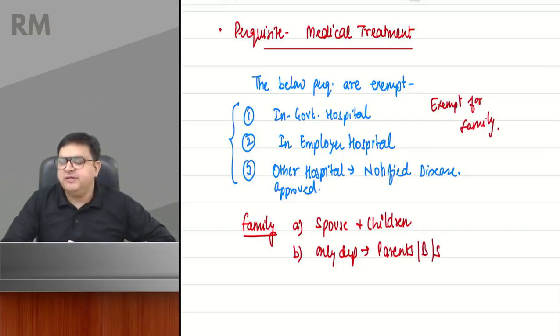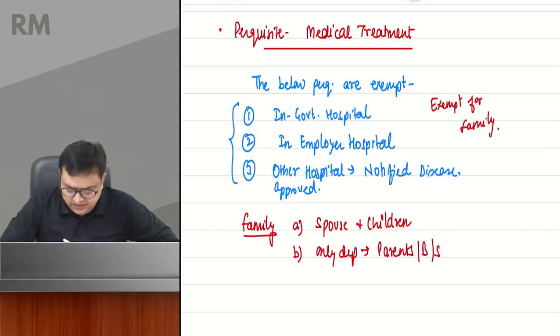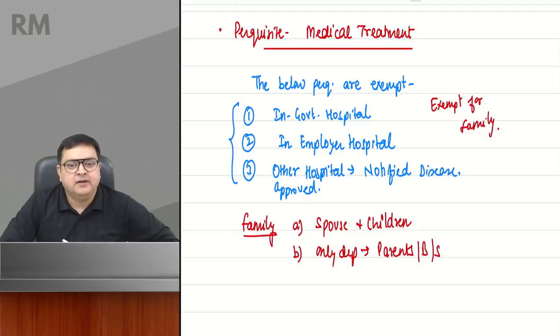Spouse or children can be dependent or non-dependent, doesn't matter. But parents, brother and sister, if they are dependent. This is the meaning of family under the Income Tax Act generally. So whenever you are confused, please apply this.